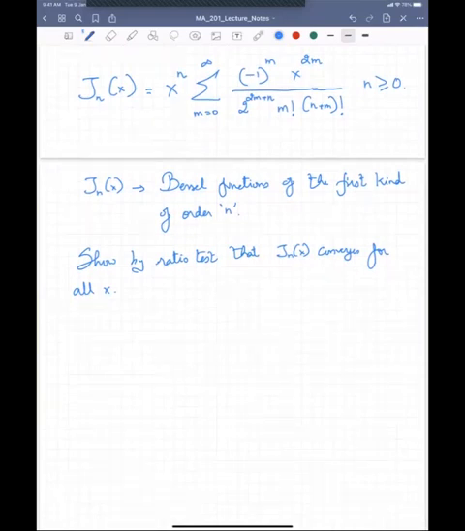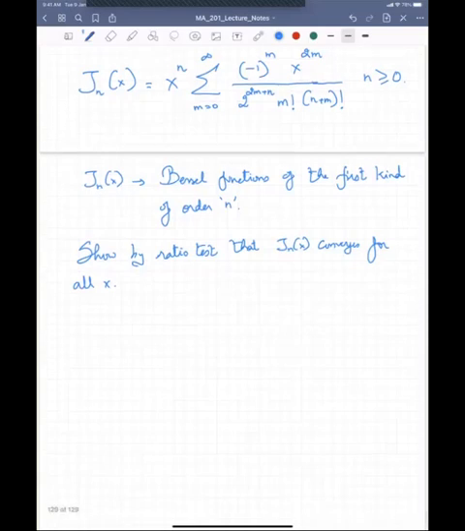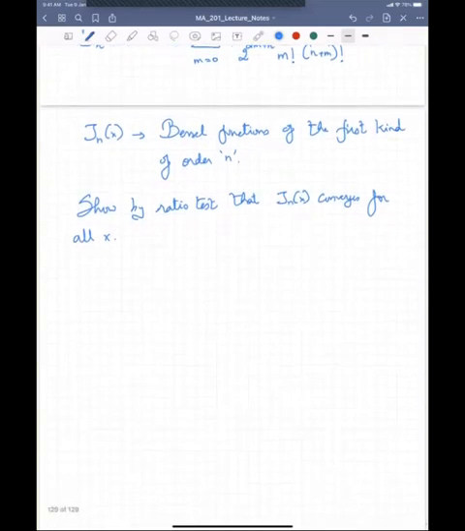Now let us work out the first couple of Bessel functions. It's nice to see the form of these Bessel functions. Let's just look at the first and the second, the n equal to 0 case and the n equal to 1 case, because these can appear in your problems later when you solve practical applications. So what is J0 of x?